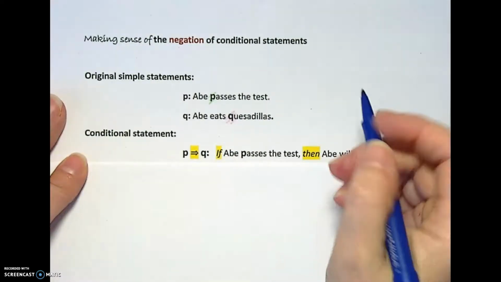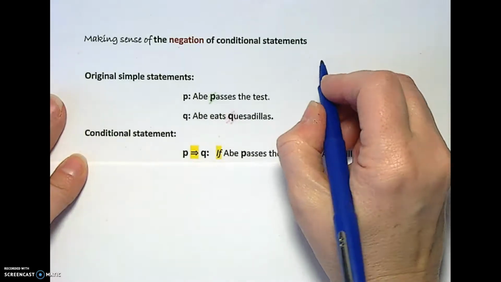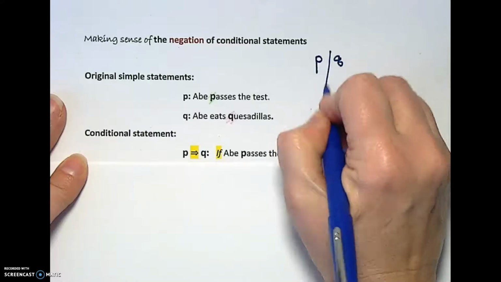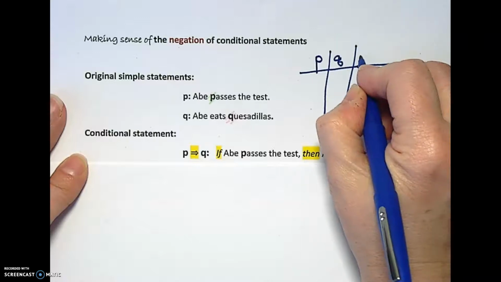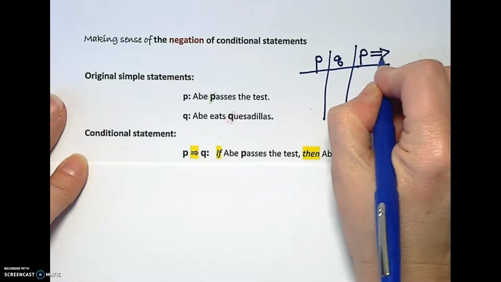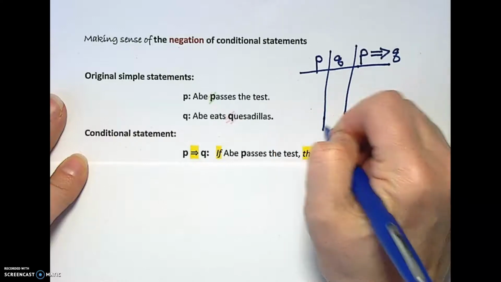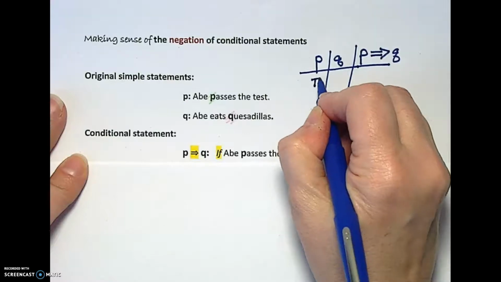We're going to write up the basic truth table to make sense of the negation. So we've got P's and Q's. Do you remember what order all this stuff has to go in? A lot of people don't, which is why I allow pages of notes. There's a standard format.